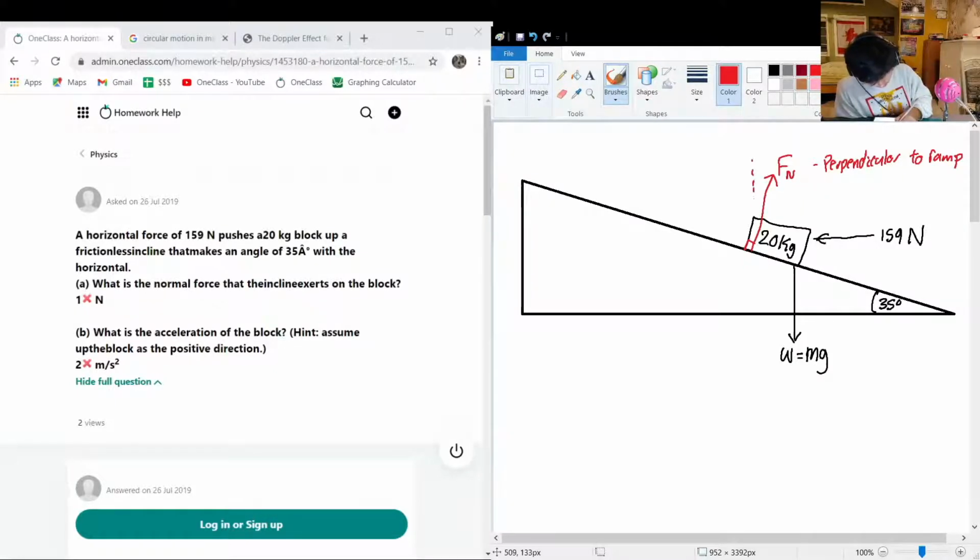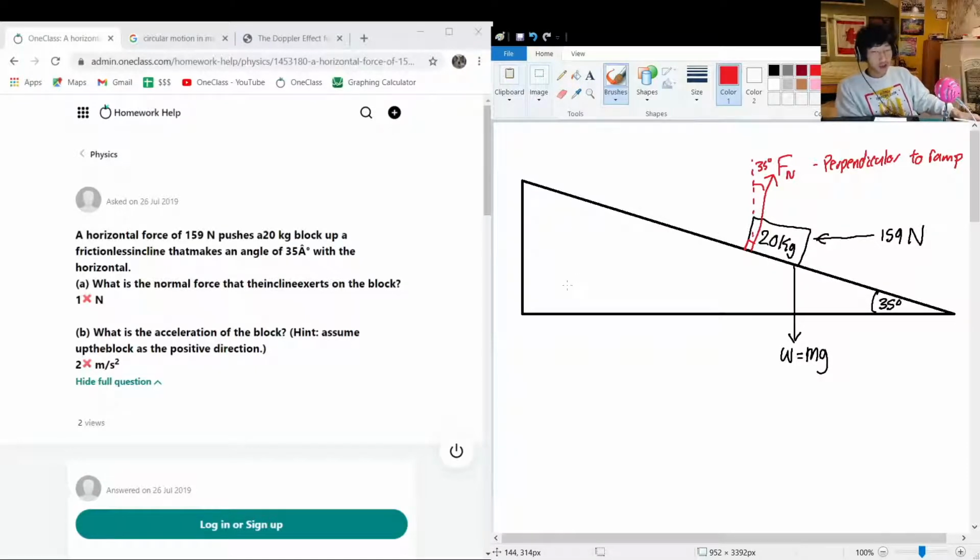Which means it has a 35-degree angle from the vertical. So you see how the ramp has 35 degrees from the horizontal? Well, this one is 35 degrees from the vertical. You know, that's kind of a rule if things are perpendicular.